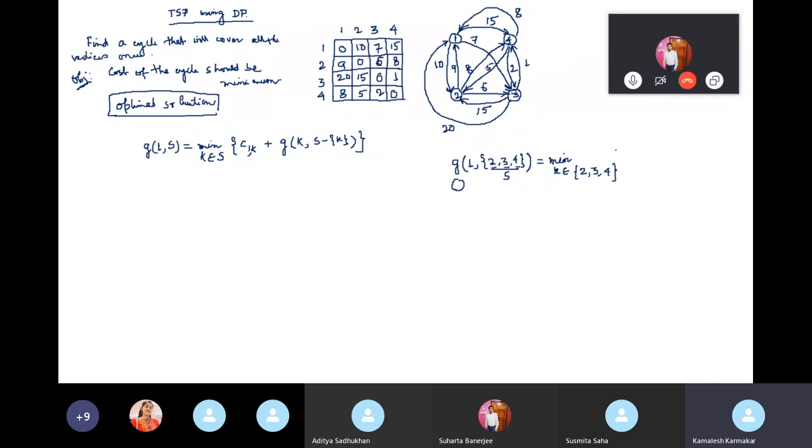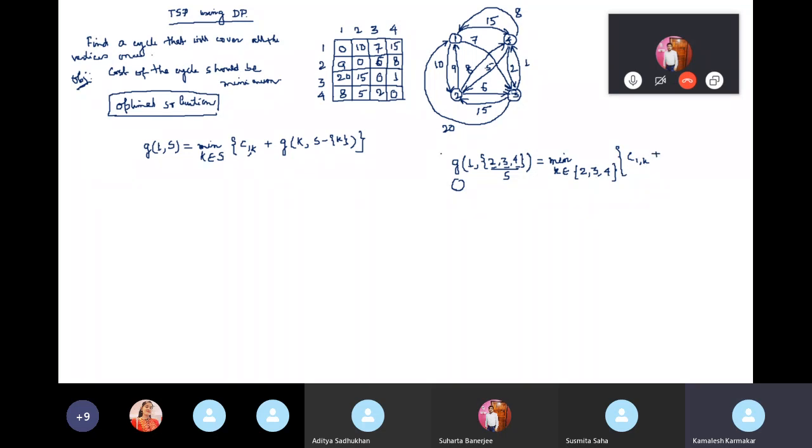So from this equation, what will be the C1k? Here it will be C1,k. If the next vertex is 2, then k will be 2. If the next vertex is 3, k equals 3, and if k equals 4, this value will be 4.